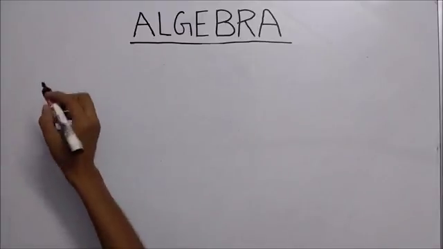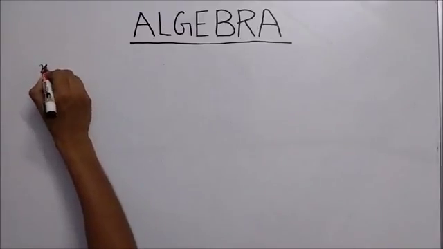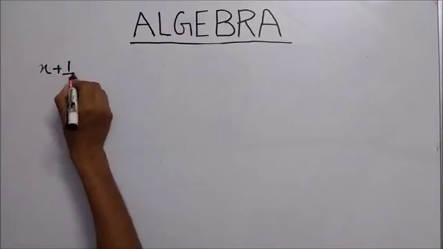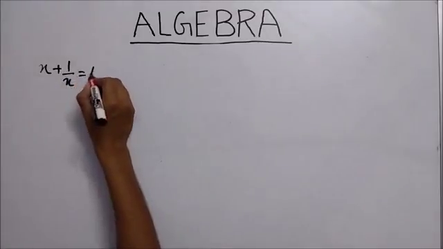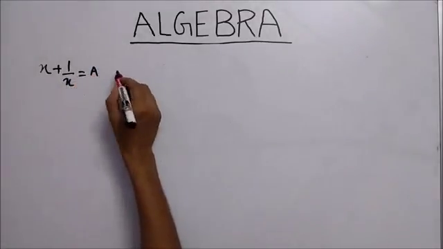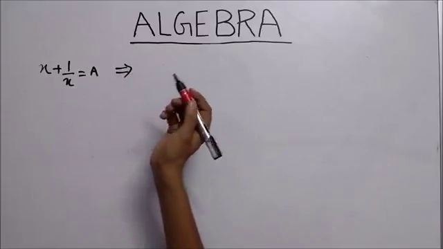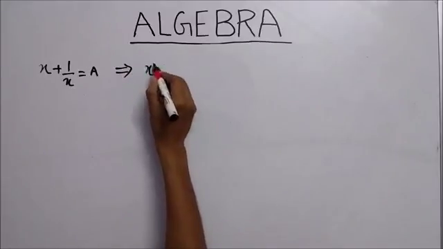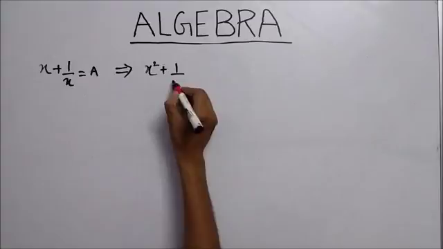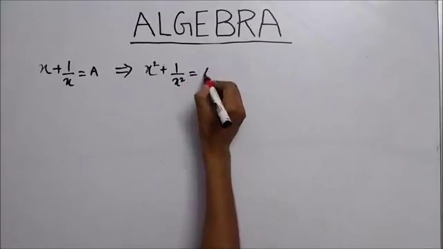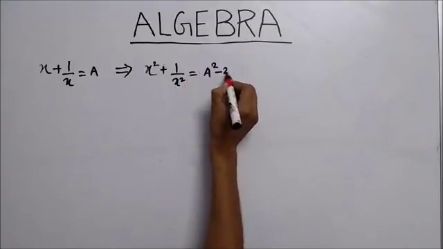First of all, whenever you see x plus 1 upon x is equal to a in the question, just memorize what I am saying: x square plus 1 upon x square is always equal to a square minus 2.